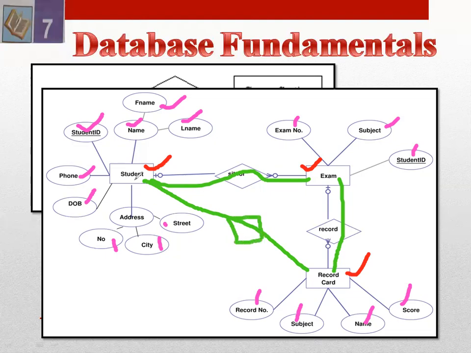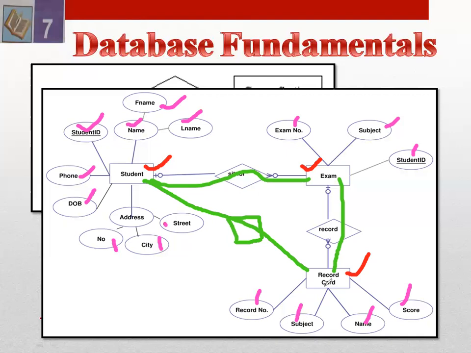So student has record card. Here you can mention record card of a student. One student has one record card. So this is a one-to-one relationship between the student and result card, and one student has only one result card, and at least modality and cardinality is 1 1. So one student has at least one result card, and this is the maximum and the minimum value.